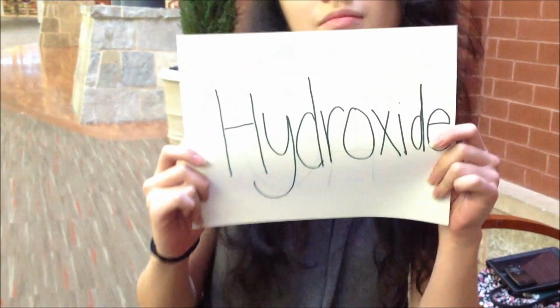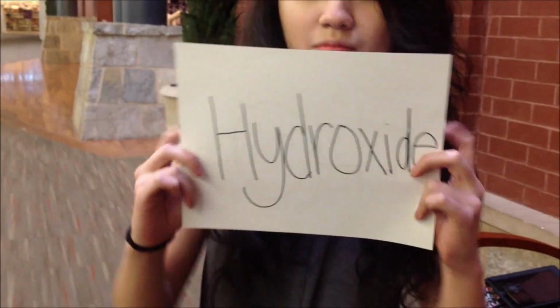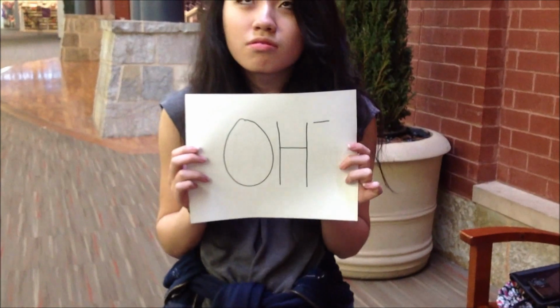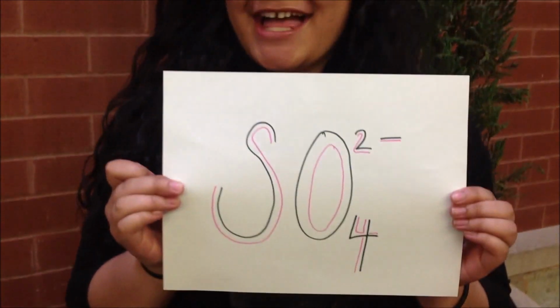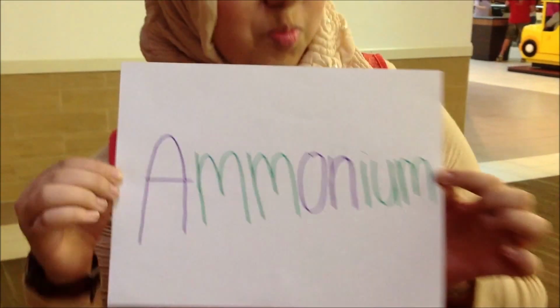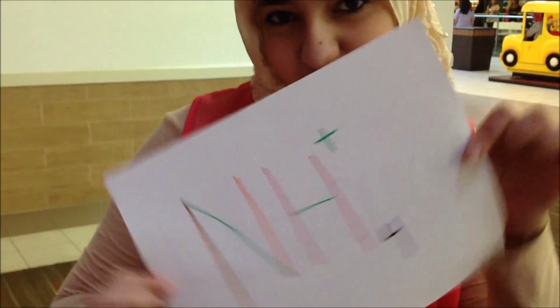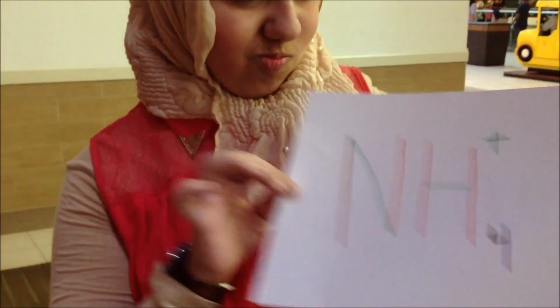Next we have hydroxide. Hydroxide is OH negative. Next we have sulfate, and sulfate is SO4 2- charge. And last we have ammonium, not ammonia, that's a mistake. So it is NH4 plus. Plus, that's important.